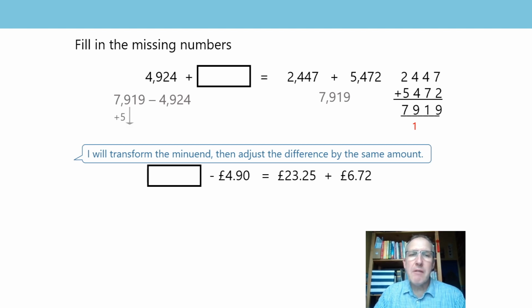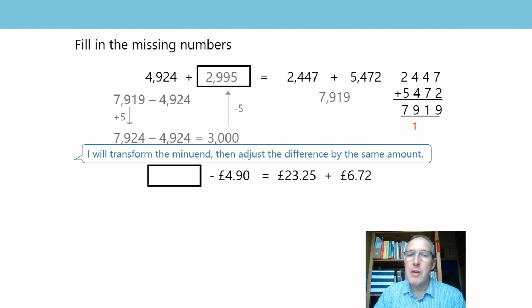So if I just add 5 to 7,919, I get 7,924, which means I can easily subtract 4,924, giving me a 3,000. I then adjust the difference by 5, so I subtract 5 from 3,000, giving me 2,995.